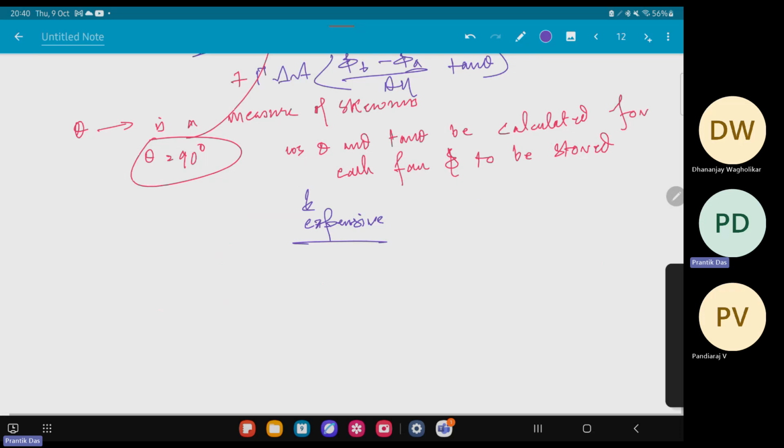Another thing is, if theta is 90, it blows off.